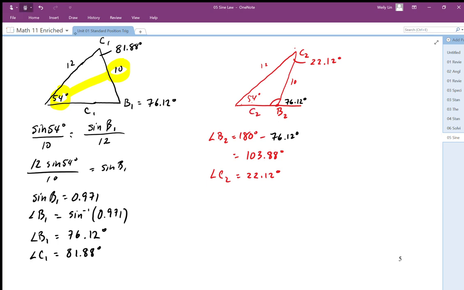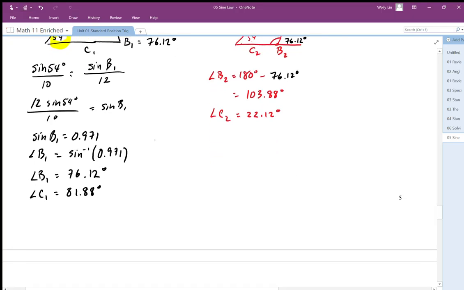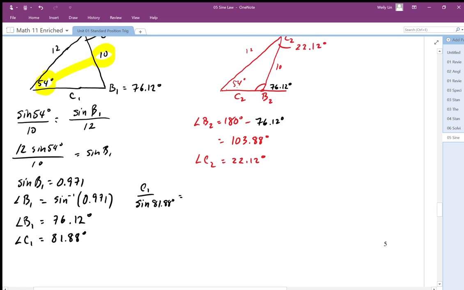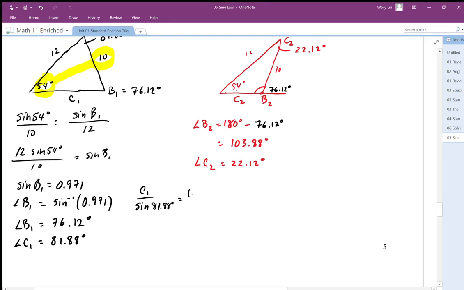So, solving for C1. Side C1 over sine of 81.88 degrees is equal to, and I use my original side opposite angle pairing, so side length C1 is equal to 10 times the sine of 81.88 degrees divided by the sine of 54 degrees.